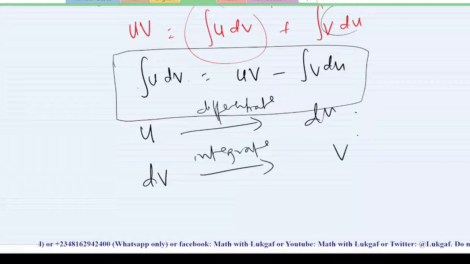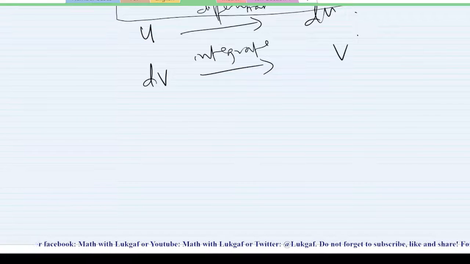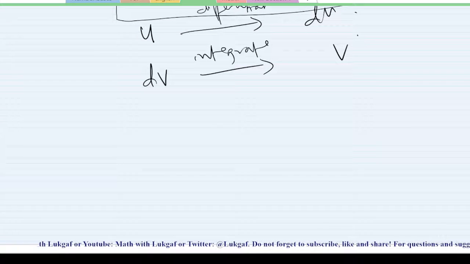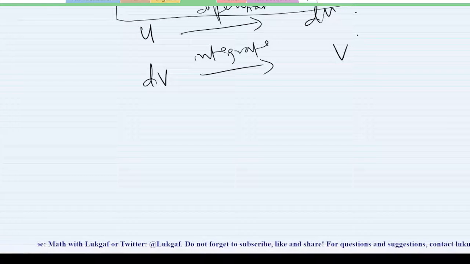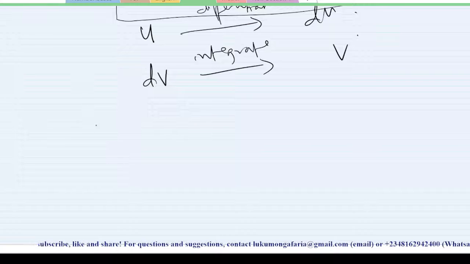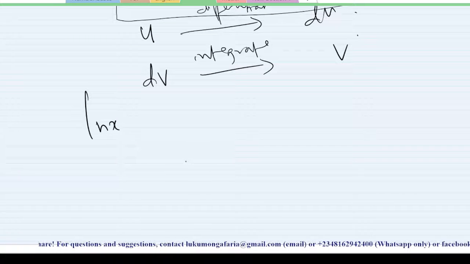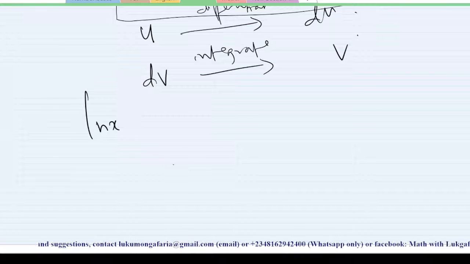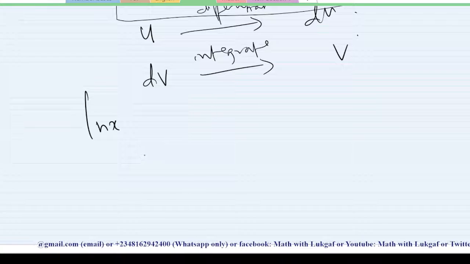And we have a priority order for taking u. According to the book of K.S. Trudge, the author of the book listed some priority orders we have to follow. For example, you have to check whether you have a natural logarithm there, which is your ln x. If you have ln x there, then you are going to choose it as your u.